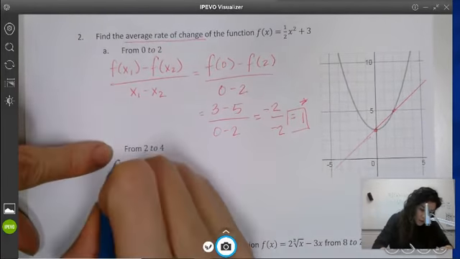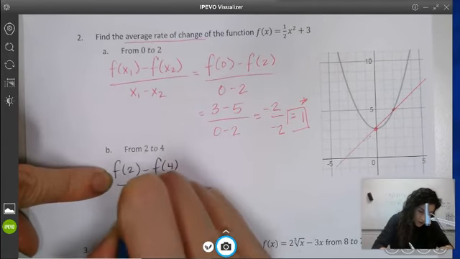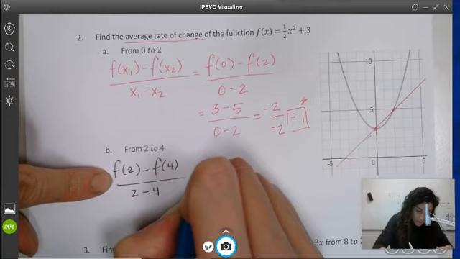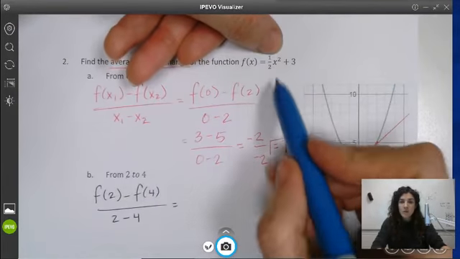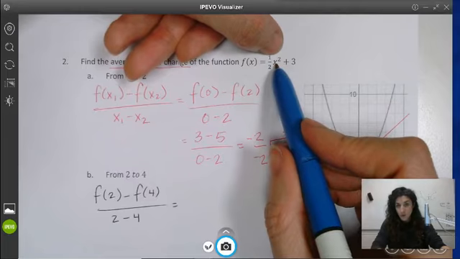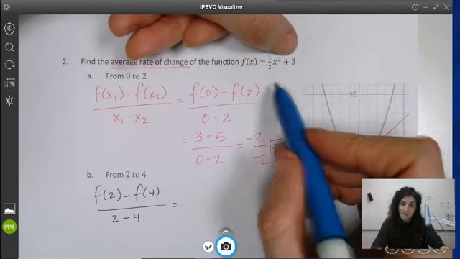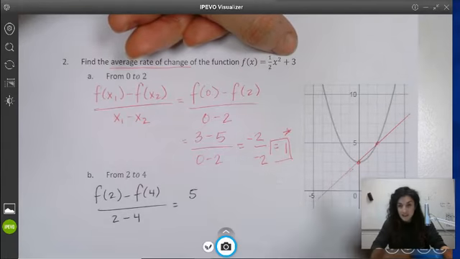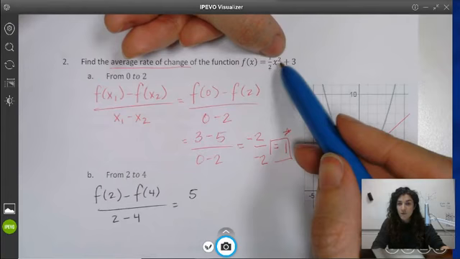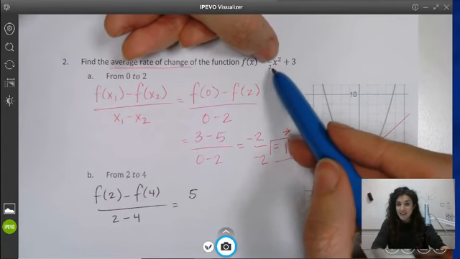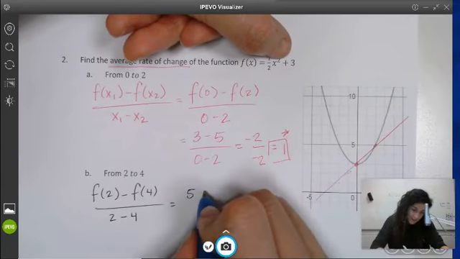From 2 to 4. So we want to do f of 2 minus f of 4 over 2 minus 4. Not looking at the graph, f of 2 would be 2 squared, which is 4, times a half, which is 2, plus 3, which is 5. F of 2 is 5. F of 4, plugging in 4 for x. 4 squared is 16, times a half is 8, plus 3 is 11.